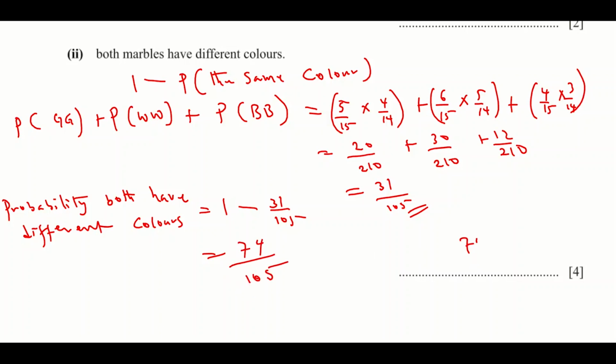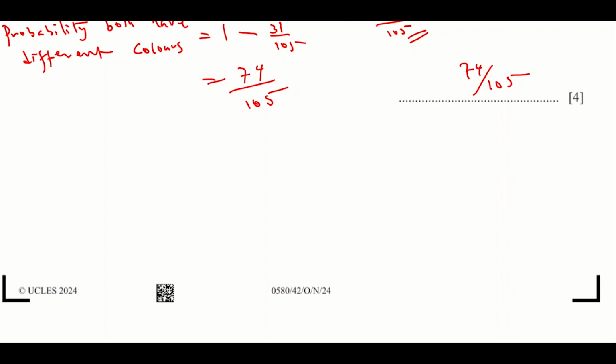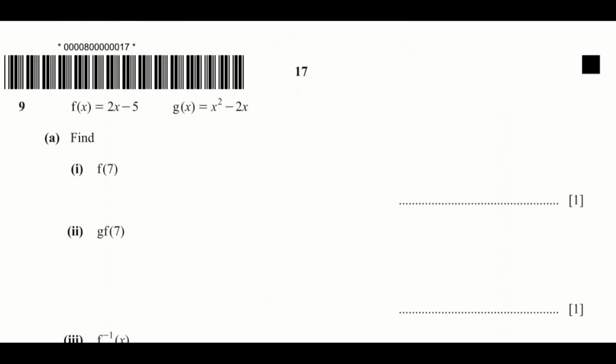So 74 over 105 if you input that into your calculator. Okay, so let's go to the next question.